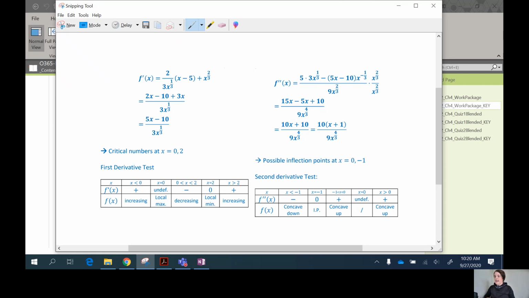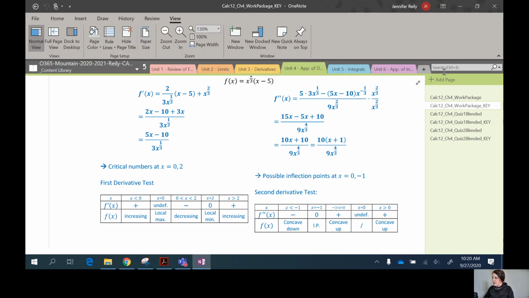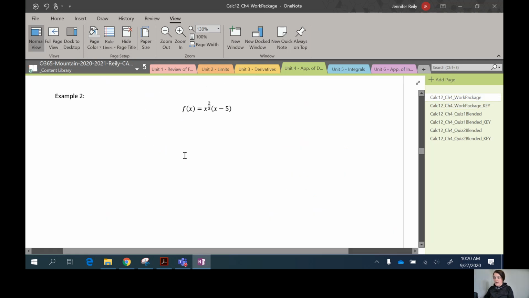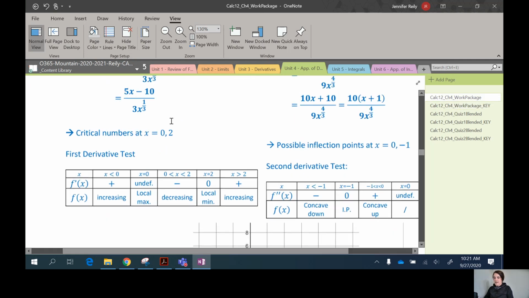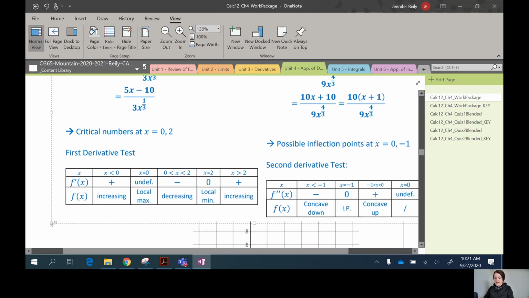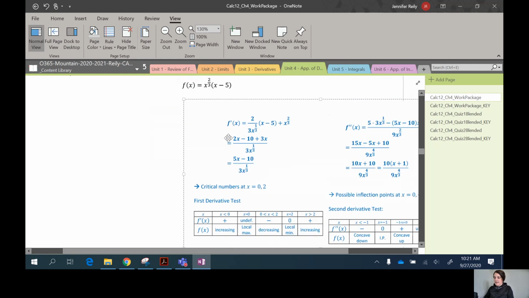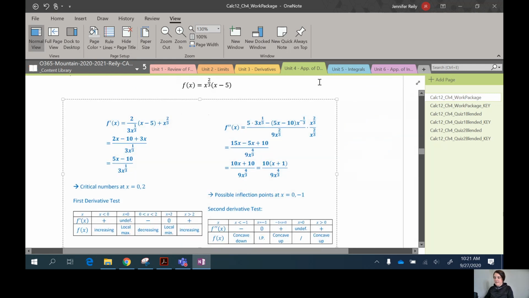And it makes your, yeah, it's really nice. And then you just press Control-C to copy it. And then you can go back to wherever you want it. So this is what I do when I email you guys and I draw fancy pictures. I use that little snipping tool.